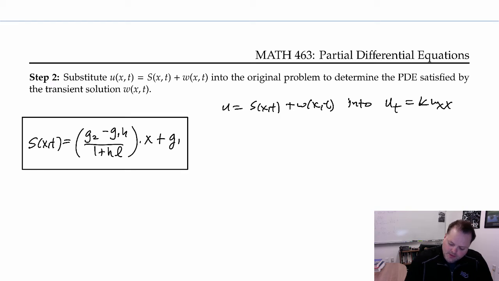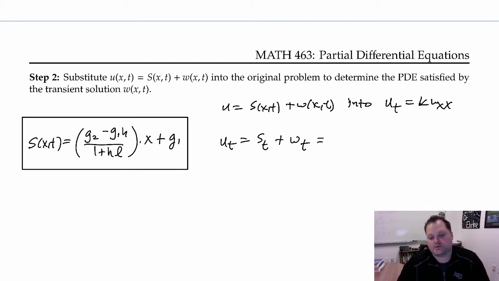So we know ut is st plus w with respect to t. But this with respect to t is actually rather difficult to find because g2, g1, those are all functions of time. So I would have to take their derivatives with respect to t.